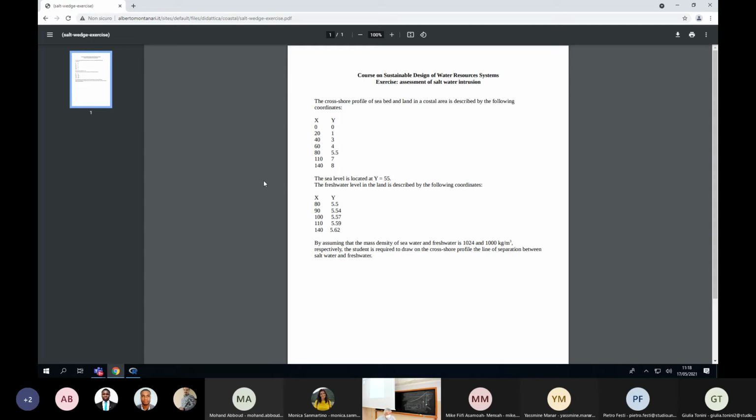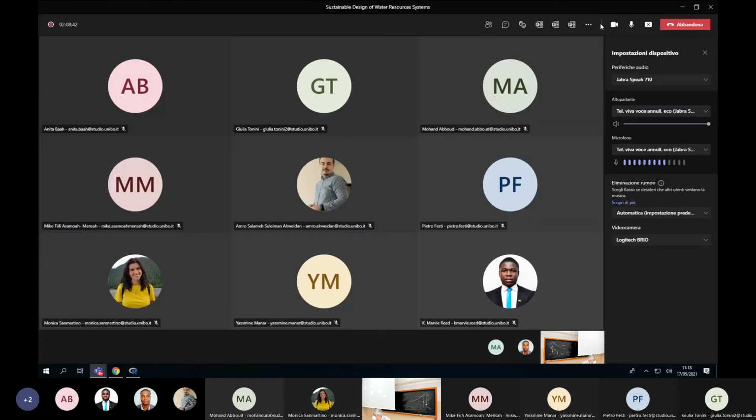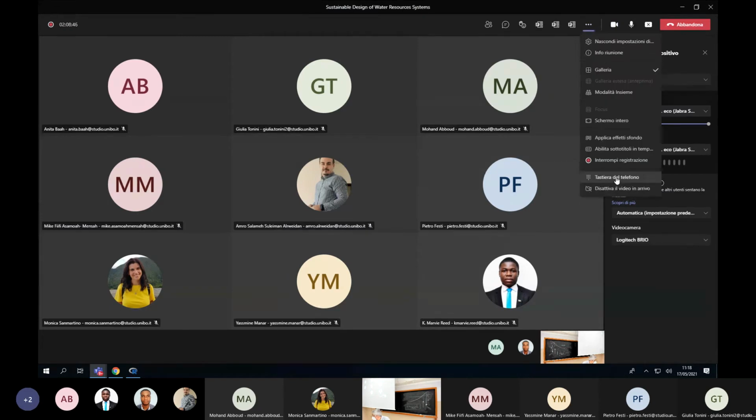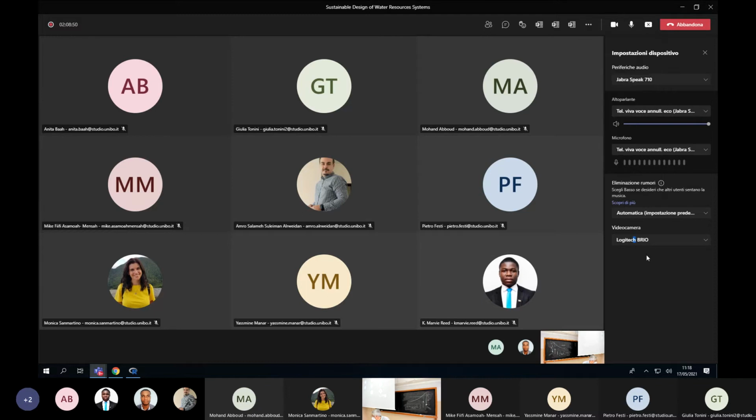So basically, if you look at the blackboard, I need to change the camera to the other one. Yeah. So the cross-shore profile, it is this one. I am highlighting it with the blue.